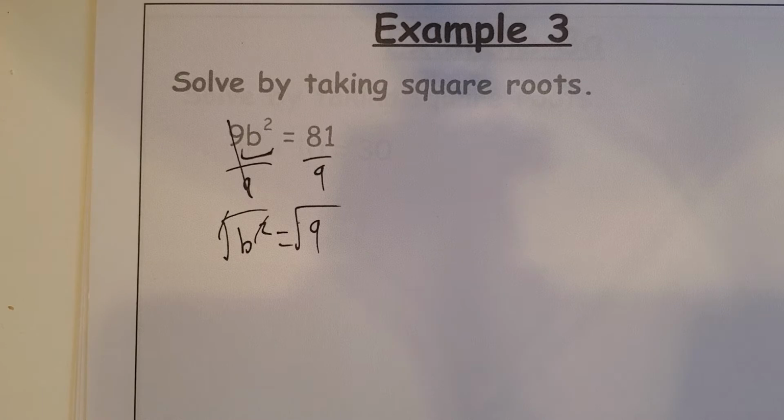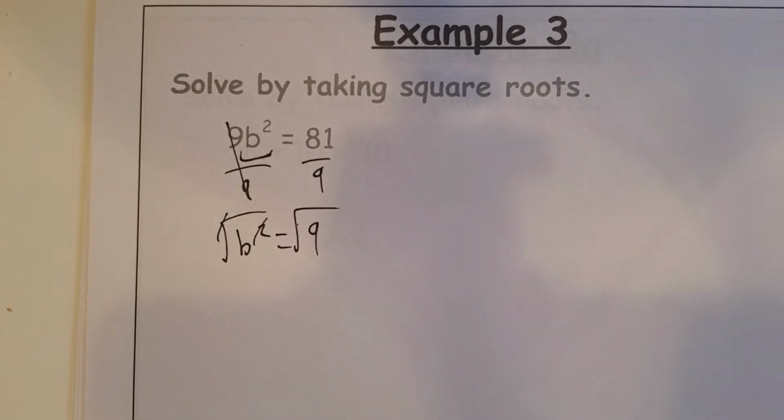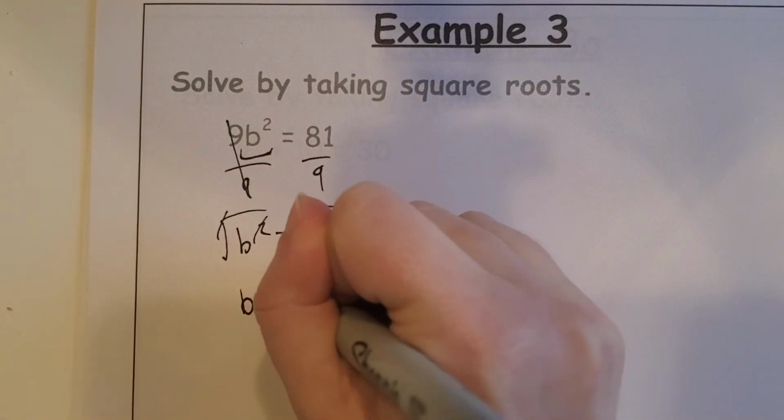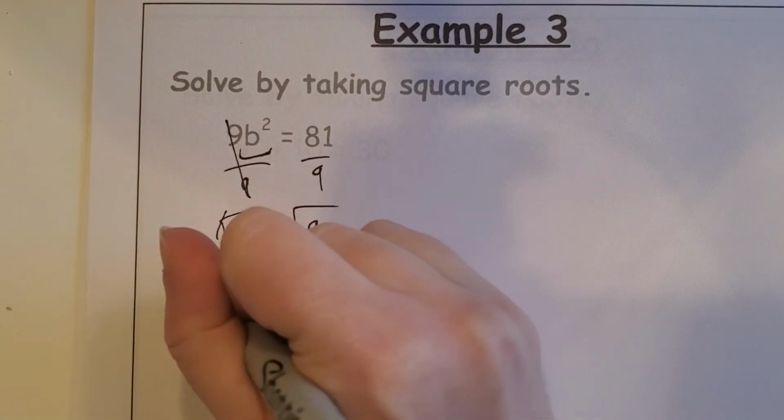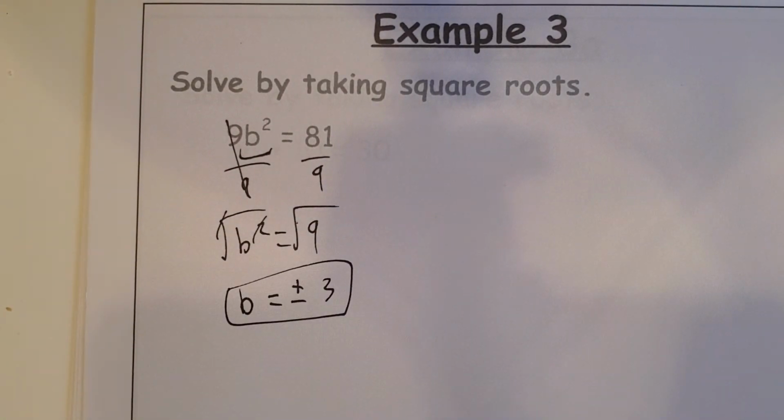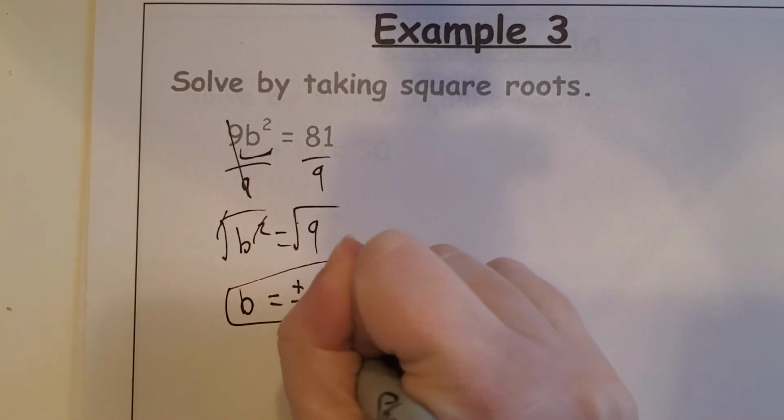So that means when you take the square root, your square root could be positive or your square root could be negative. There's 2 possibilities, which means there's 2 answers. B could be positive 3 or negative 3. And the way we show that is that little plus minus symbol, just for nice and easy notation. I don't think I've seen anybody do this in these past few weeks, but you could absolutely list them separately.